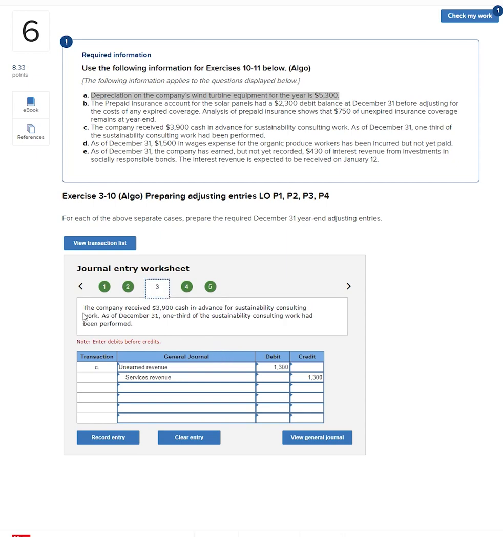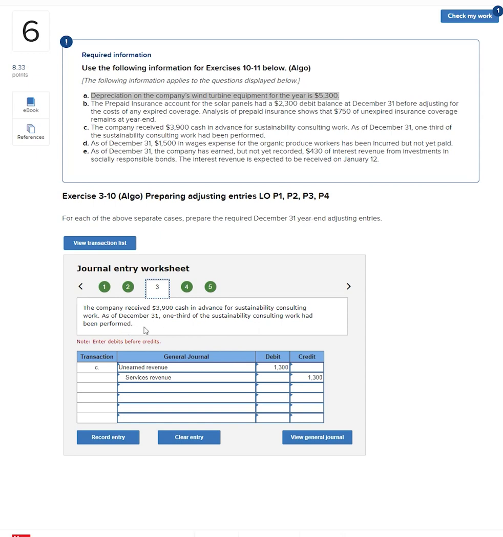So in the next, the company received $3,900 cash in advance for sustainability consulting work. As of December 31st, one-third of the sustainability consulting work had been performed.